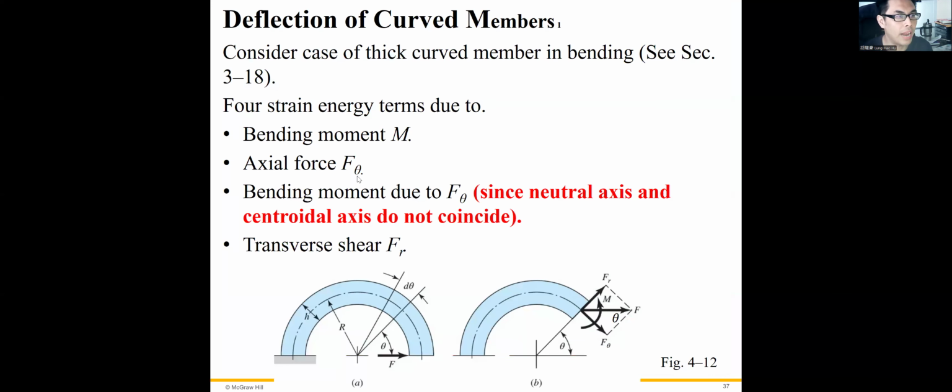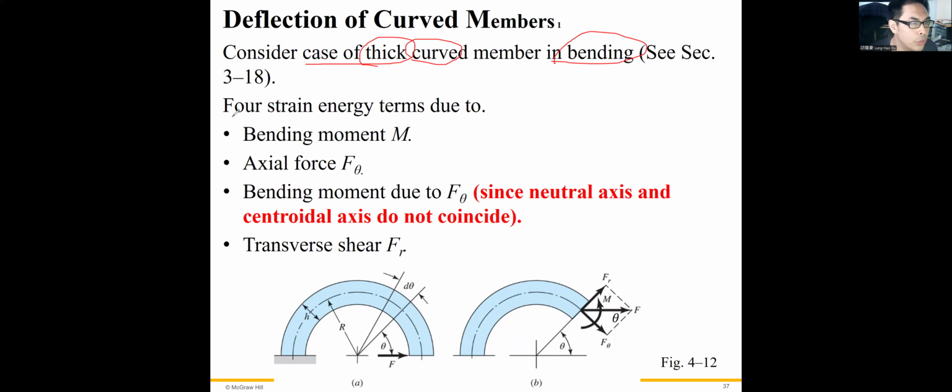Okay, so deflection of a curved member. It's not a straight beam, it's a curved member. Consider the case of a thick curved member in bending.